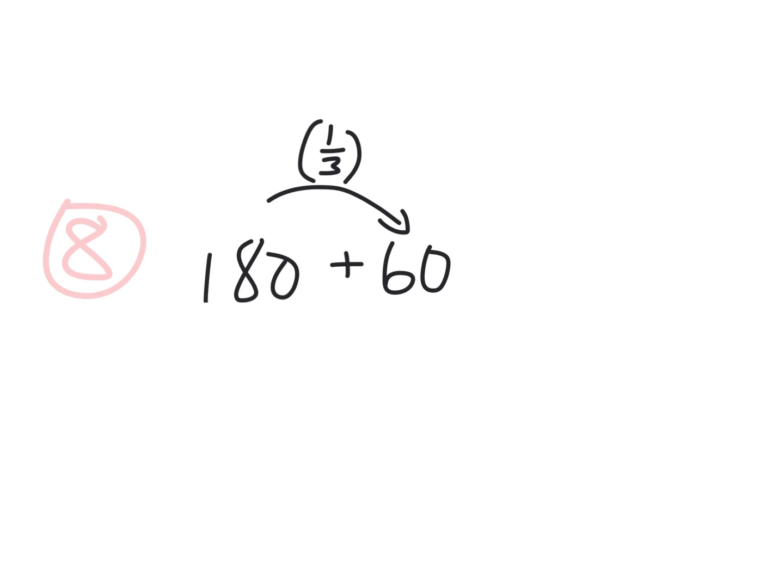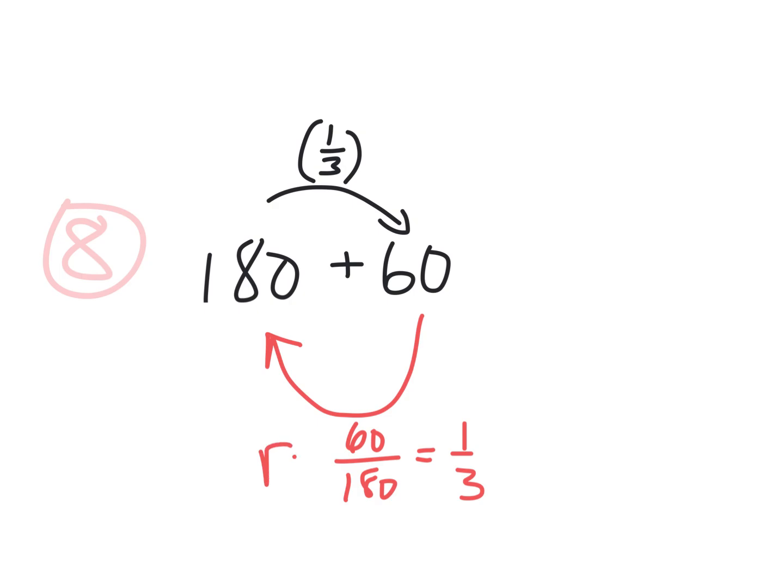Do you remember me saying that this divided by that, 60 divided by 180, that's not 3, that's 1/3. Your R for this problem is 1/3. I know it's divide by 3, but the question isn't that. The question is what you do times by. Times by 1/3. Your R is this divided by this, which is 1/3.